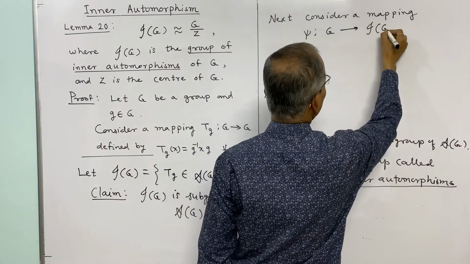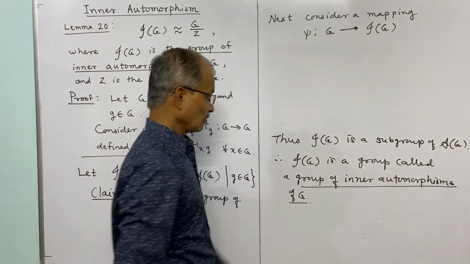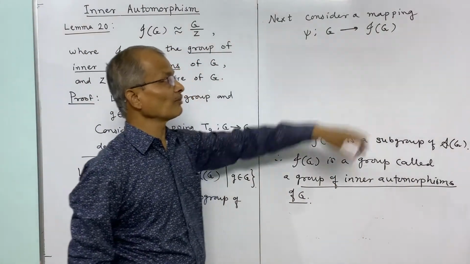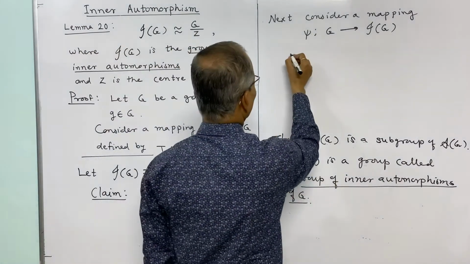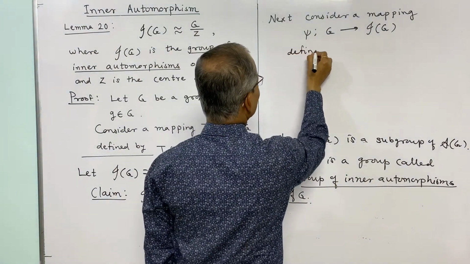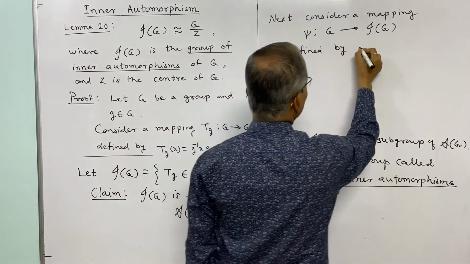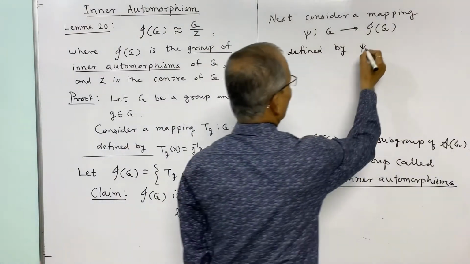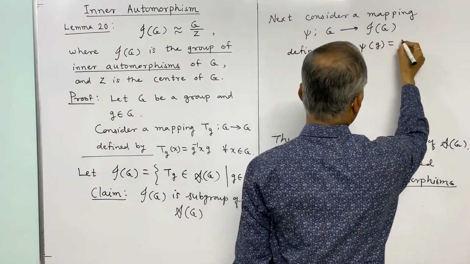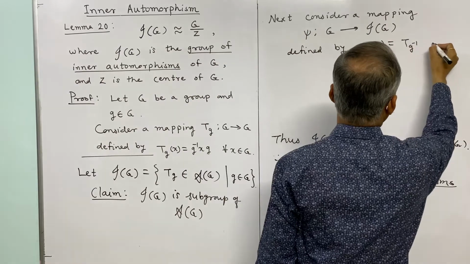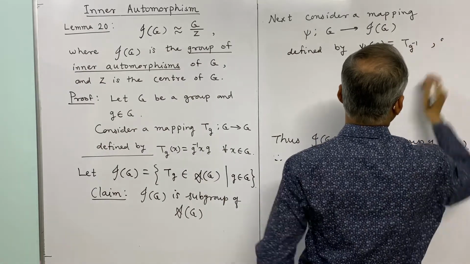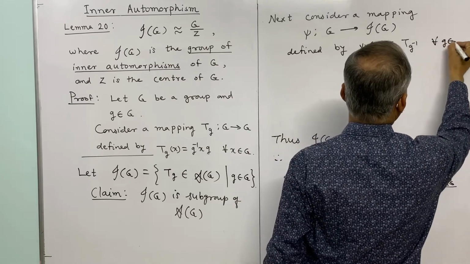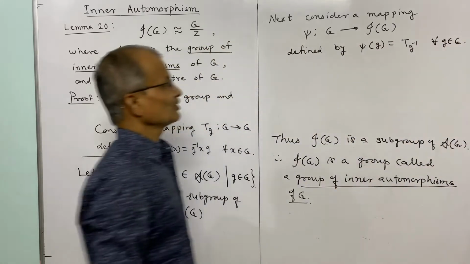Just as we have shown it is a group of inner automorphisms, we now consider a mapping from G to the group of inner automorphisms defined by psi of G is equal to Tg inverse for all G belonging to G. So this is our definition of psi.